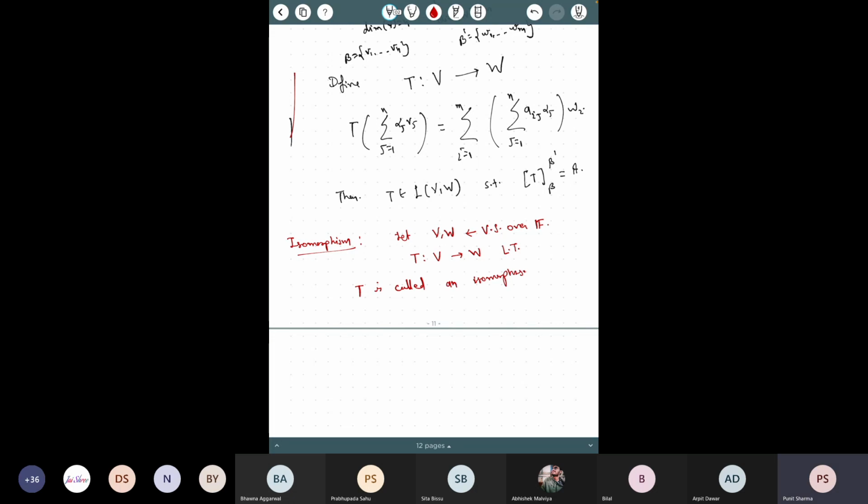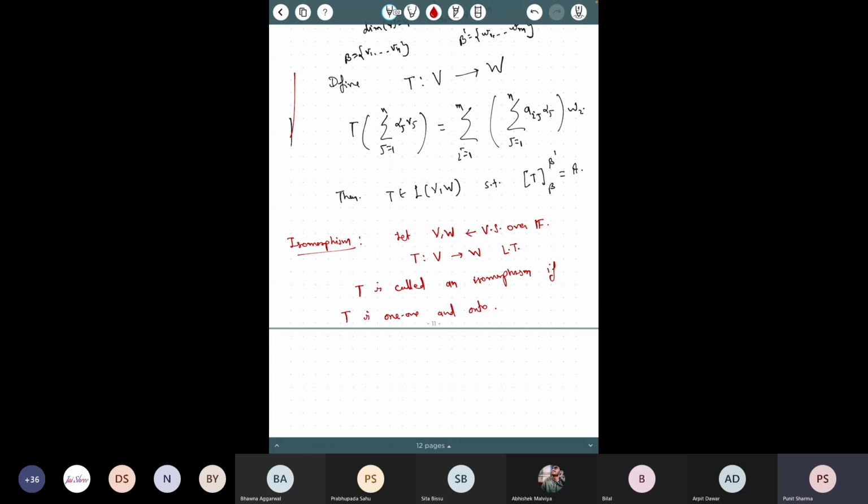if T is linear, so T is already linear, and T is 1-1 and onto. So a linear bijection from a vector space V to W is called an isomorphism.